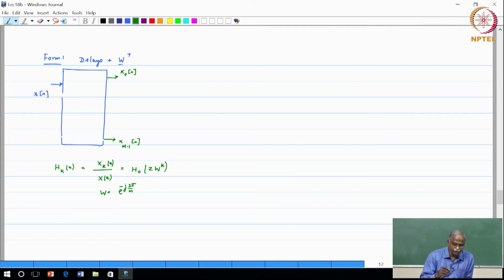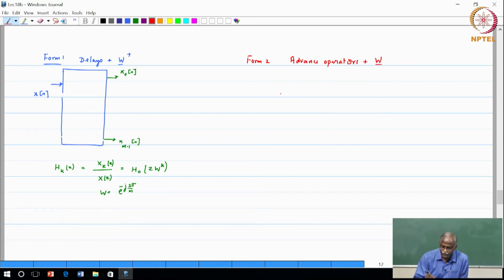Now, using this as a reference, can you tell me what form 2 will be? This is advanced operators: a chain of advanced operators plus the DFT matrix.